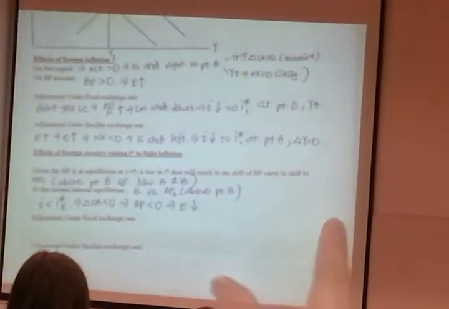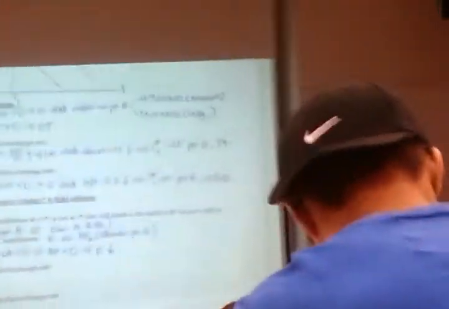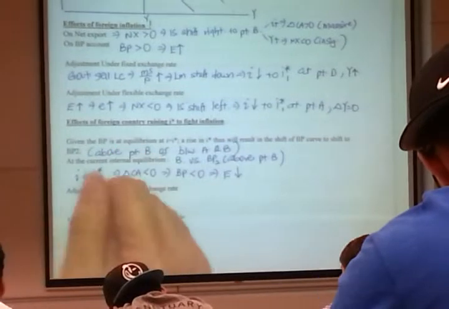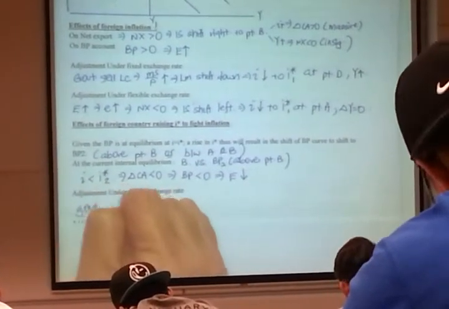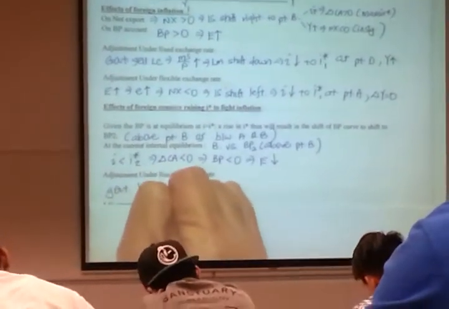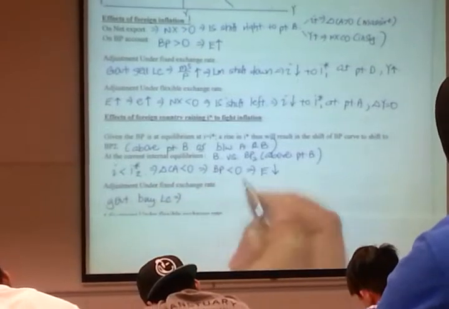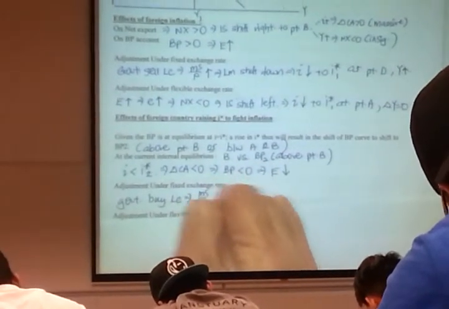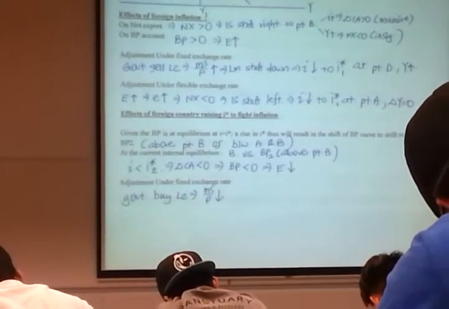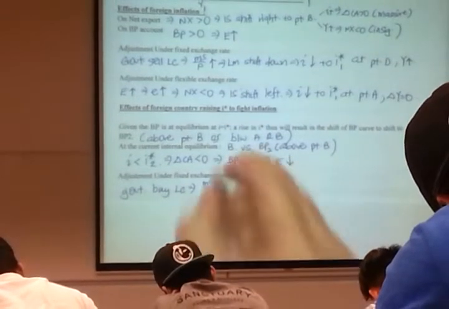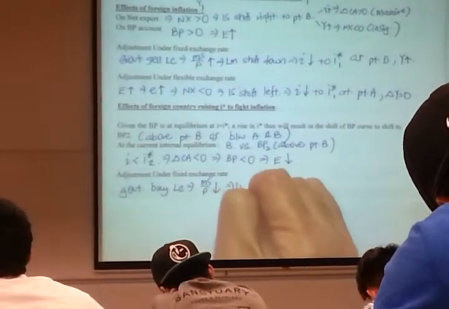If you are under fixed exchange rate, because your currency weakened, the government now will buy the local currency. Money supply will go down because you pick it up from the economy. LM will shift up.